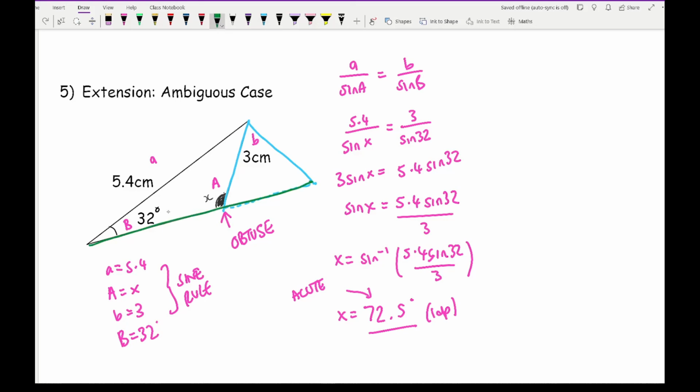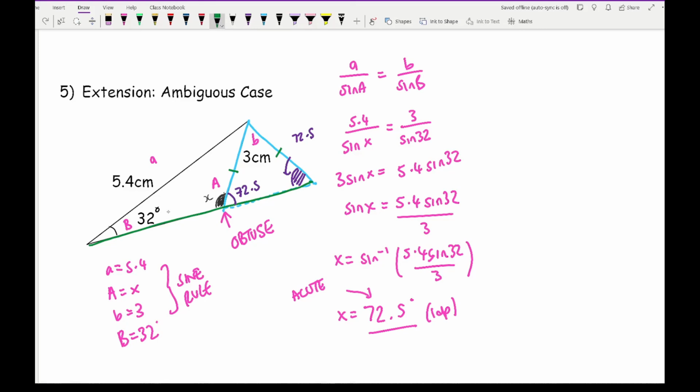If I extend that 3 centimeter line, it also still joins with that green line. What that has told me is that this angle here is actually 72.5 degrees. As you can see, that blue triangle that I've drawn is an isosceles triangle, so this angle here is also going to be 72.5.